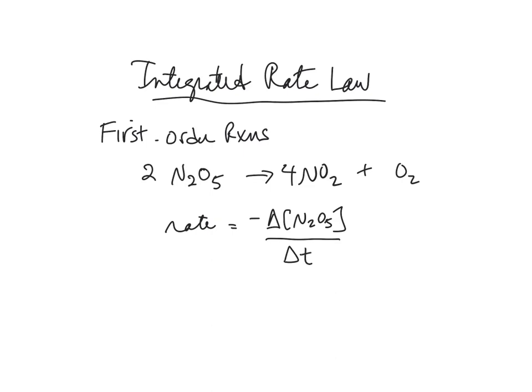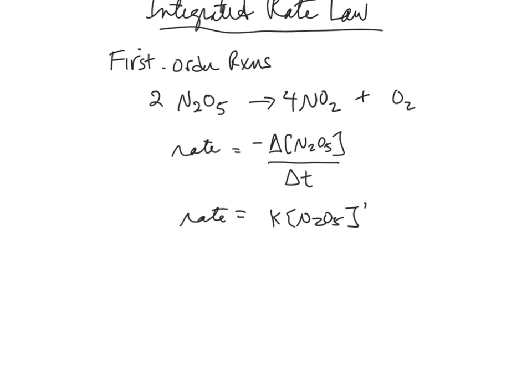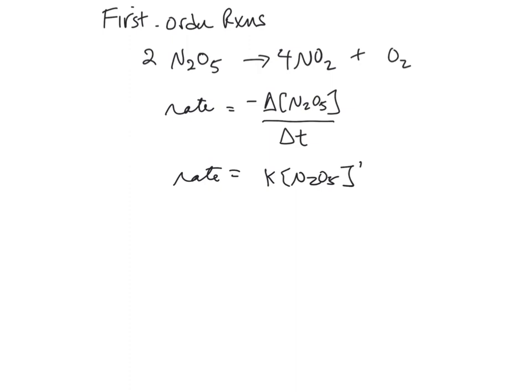Then we used this example on the last video, Kinetics 2, and we learned that the rate of this reaction is k times N2O5 to the first power. You may remember that. So specific to this reaction, we have these two equations, and the next step in the derivation of the integrated rate law is to put them together.